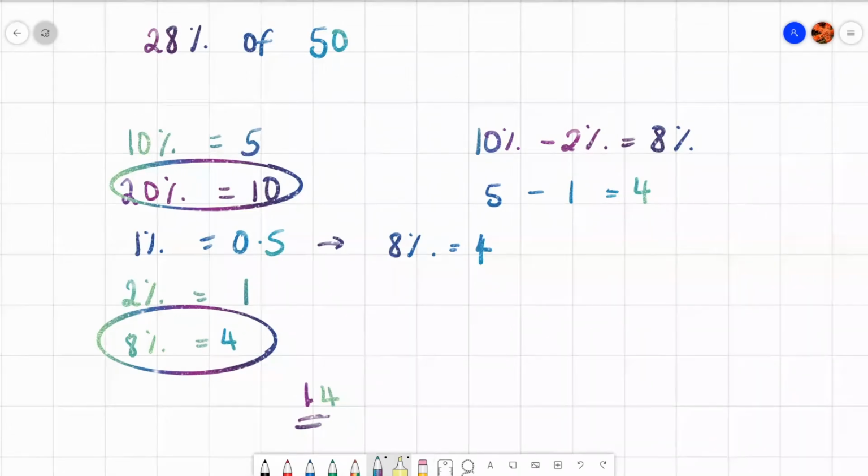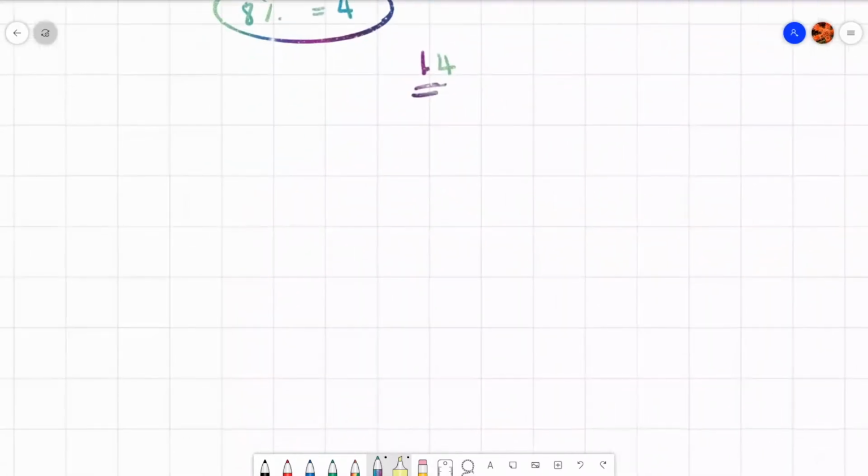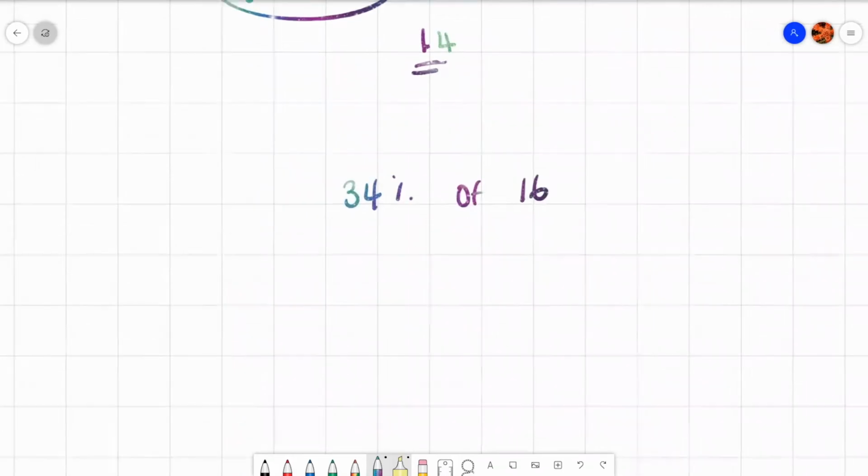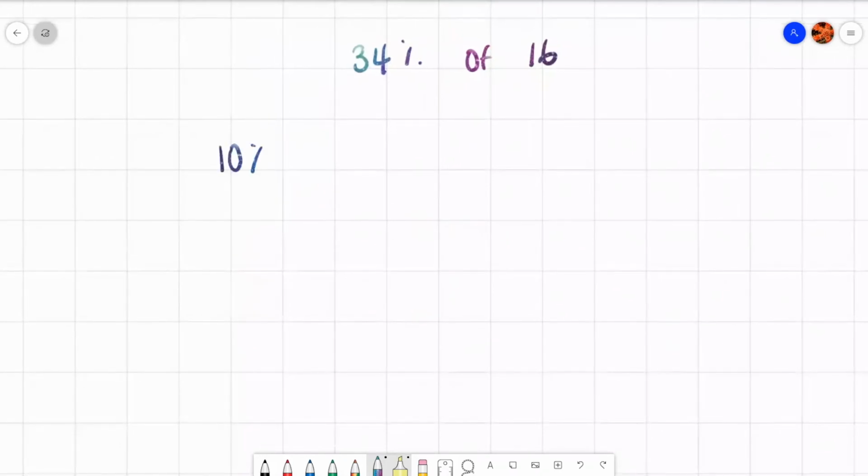Okay. Let's have a look at another question then like this. Let's do 34% of 16. First way, 10% straight away, which is 1.6.